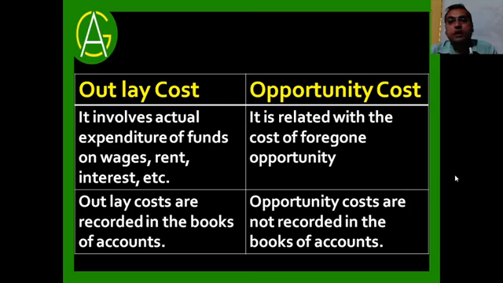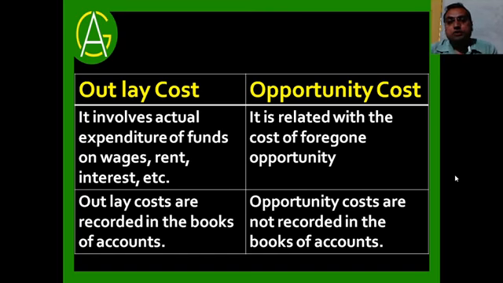They are all other names, the things are the same. All the amount actually paid by the business to the outside suppliers or factors of production will be considered as outlay cost.